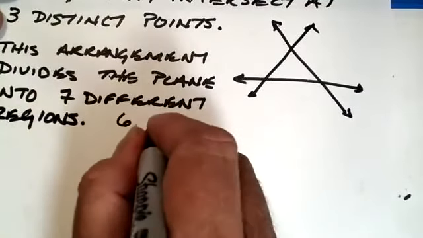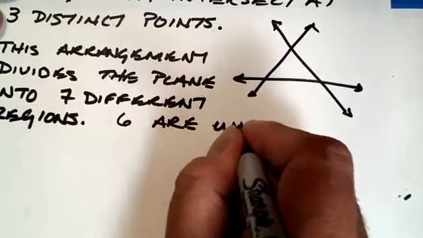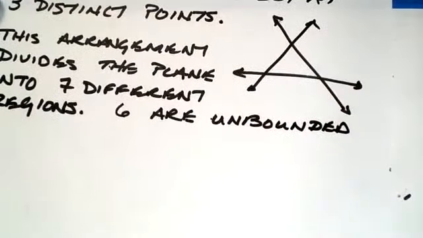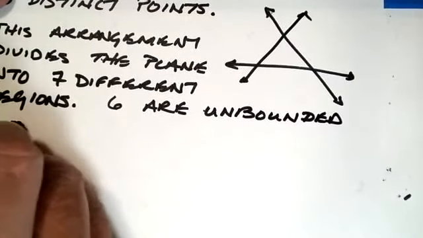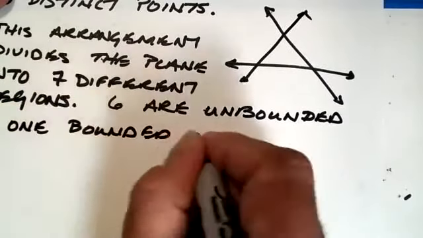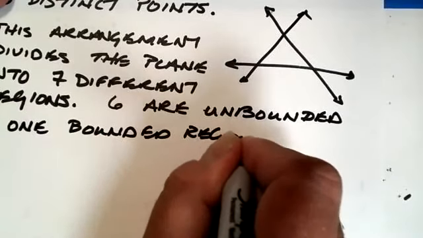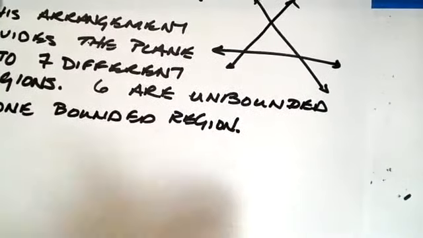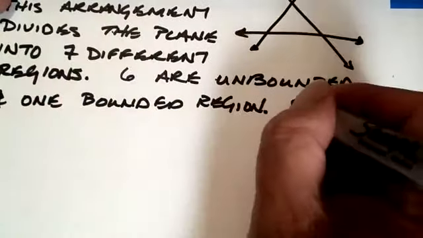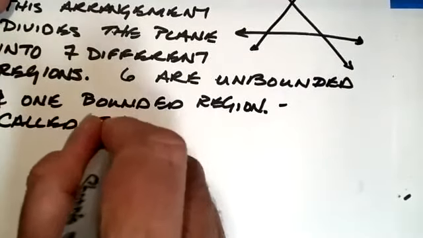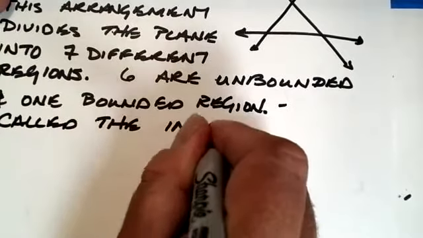Six are unbounded, meaning they have sort of infinite area. And there's 1 bounded region. The bounded region is the so-called inside of the triangle.